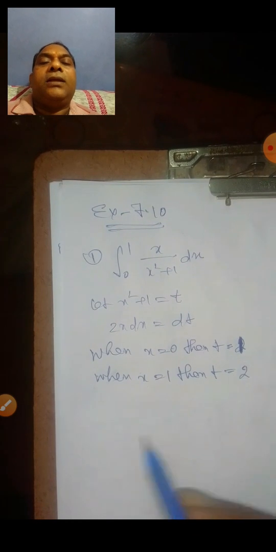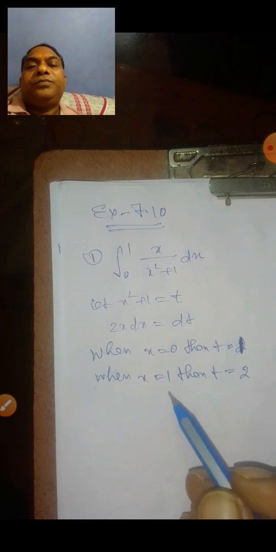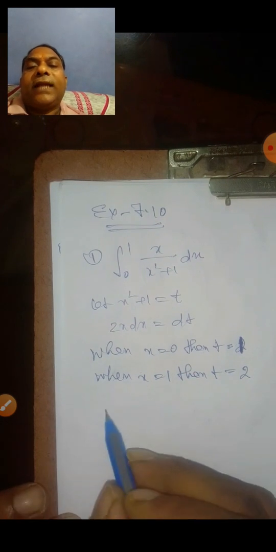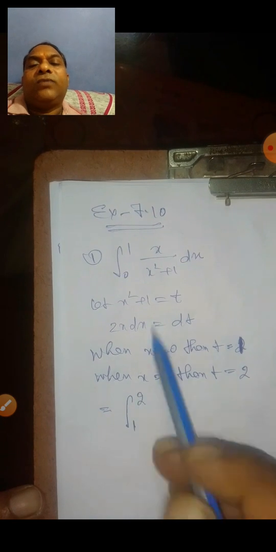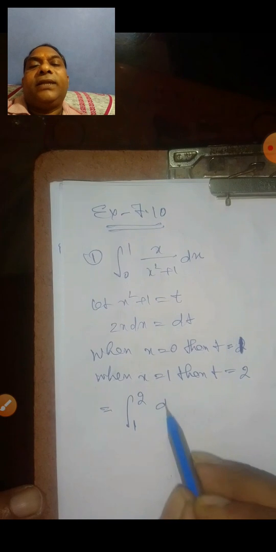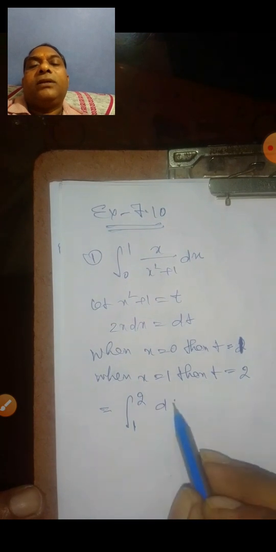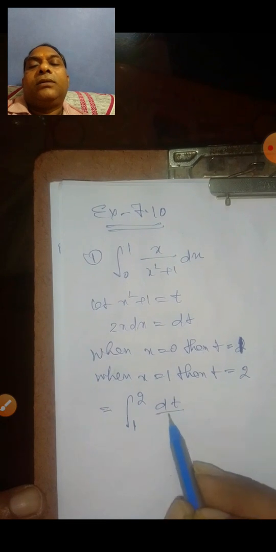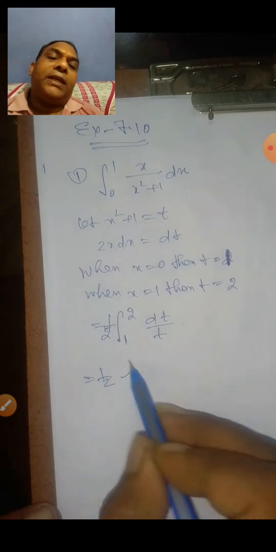Clear? Now, the given question will be equal to, so write here limit of t. So integration 1 to 2, x dx will be half dt, taking out 1 by 2 common. Clear? So which will be equal to 1 by 2 log t.